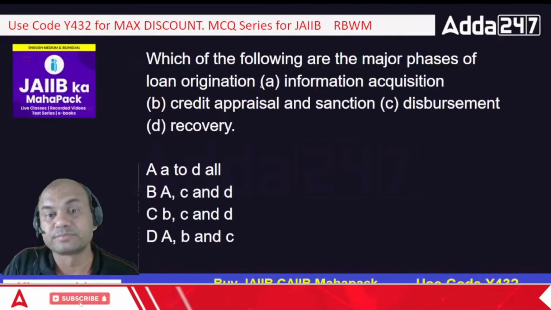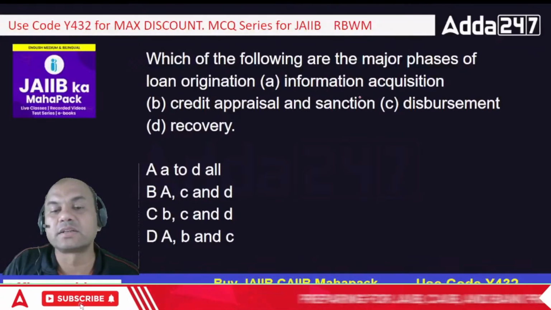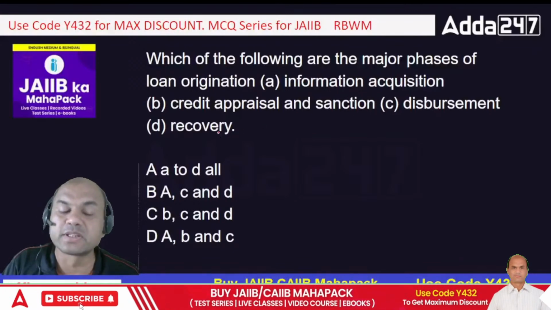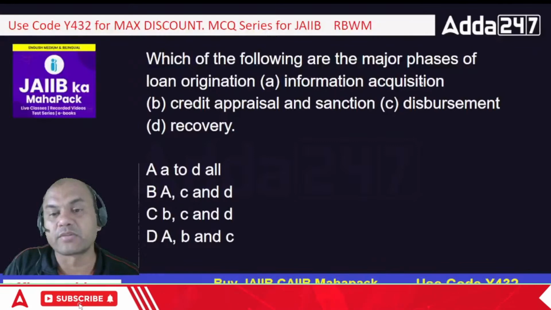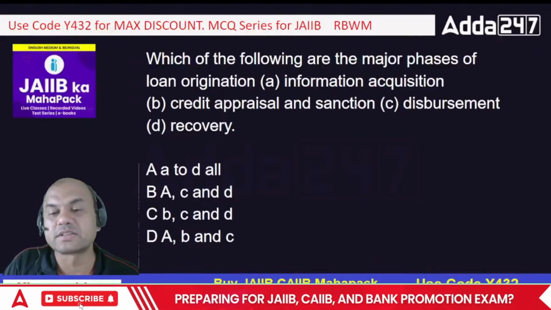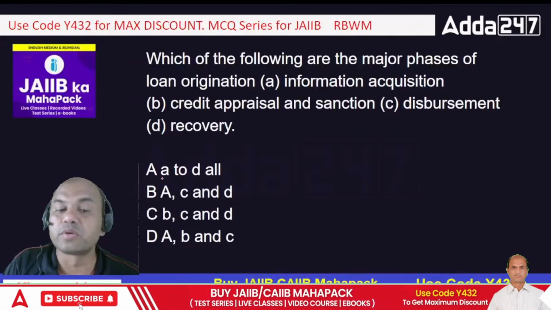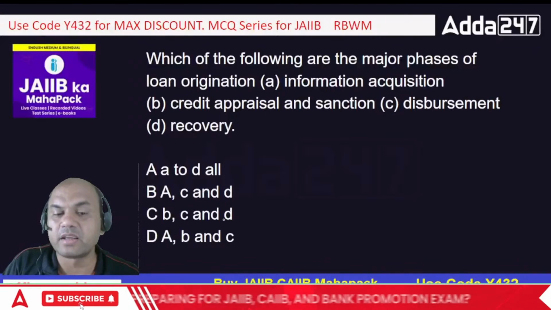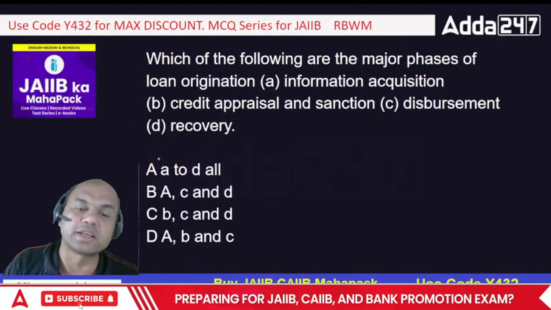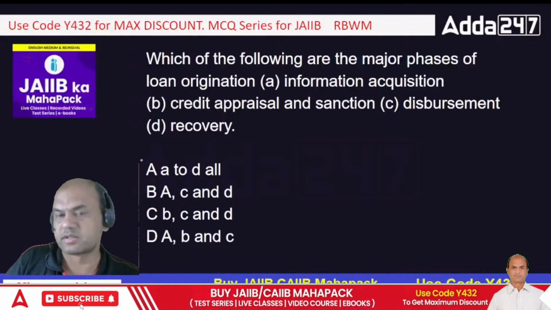Correct? It's loan origination. Which of the following are the major phases of loan origination? Information acquisition, credit appraisal and sanction, disbursement, and the last one is recovery. So which are the important phases? A to D all, A, C and D, B, C and D, A, B and C. So what is the answer?